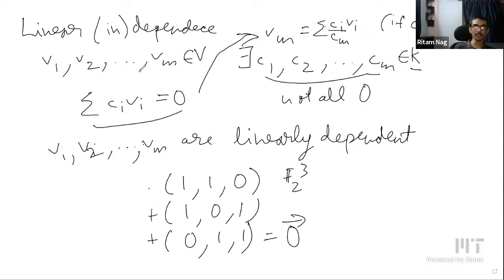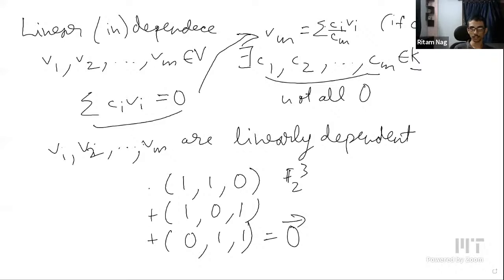So basically what linear dependence means is that one of these m vectors can be written as a linear combination of other vectors. So in this case, this third vector can be written as a sum of the first two vectors. So these are not linearly independent.